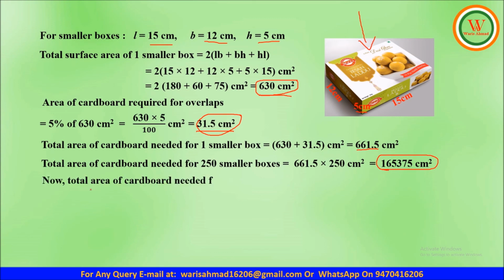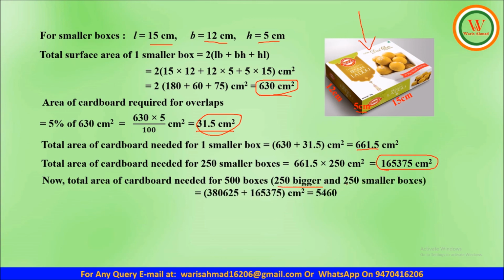Here we can write total area of cardboard needed for 500 boxes, 250 bigger boxes and 250 smaller boxes. The area of 250 bigger boxes was 3,80,625, and here we have calculated the area of smaller boxes is 1,65,375. That will be equal to 5,46,000 centimeter square.